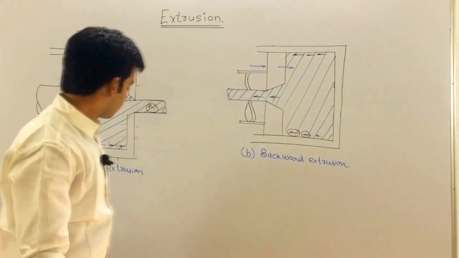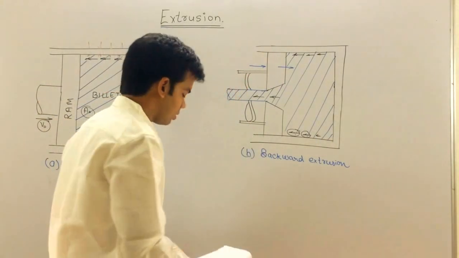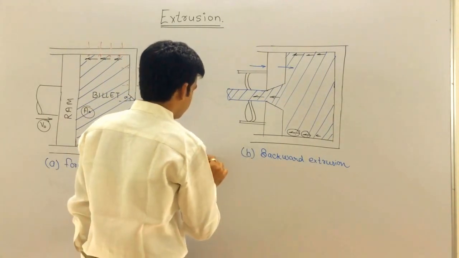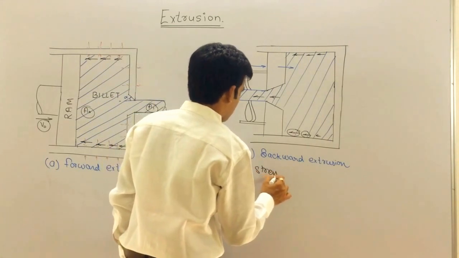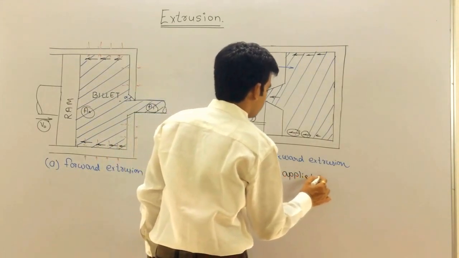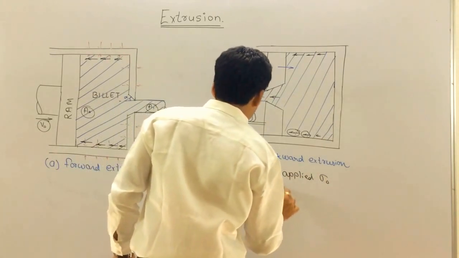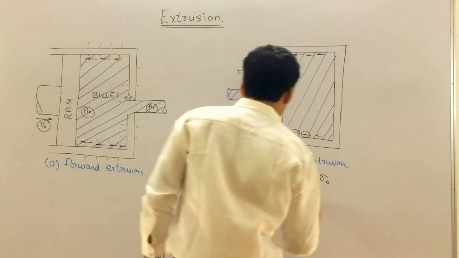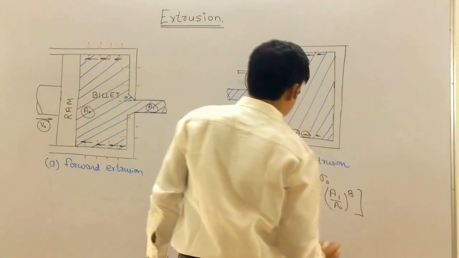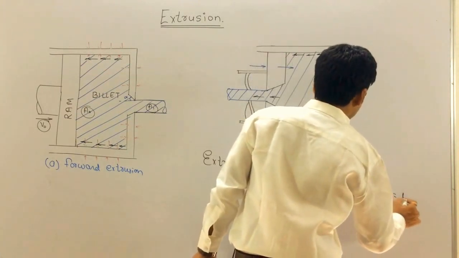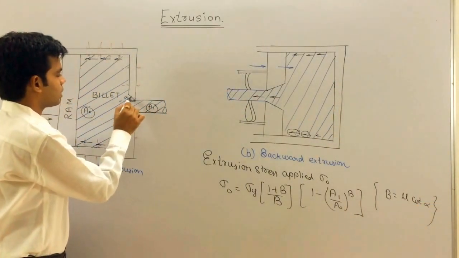Now we will see the force applied in the backward extrusion process. The total extrusion stress applied, sigma naught, is equal to sigma y into (1 plus b) upon b, into (1 minus (a1 by a naught) to the power b), where b is nothing but mu cot alpha. Alpha, as I told you, is half of the extrusion angle.